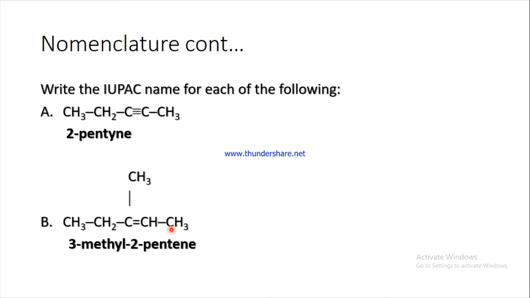So we start to count from this end, 1, 2, 3, so our methyl group is on carbon atom number 3. Either way, the methyl group will be on carbon number 3, but if you come from the other side, our double bond will be on carbon number 3, which is not what we want. We want it to be on the lowest possible carbon atom number.